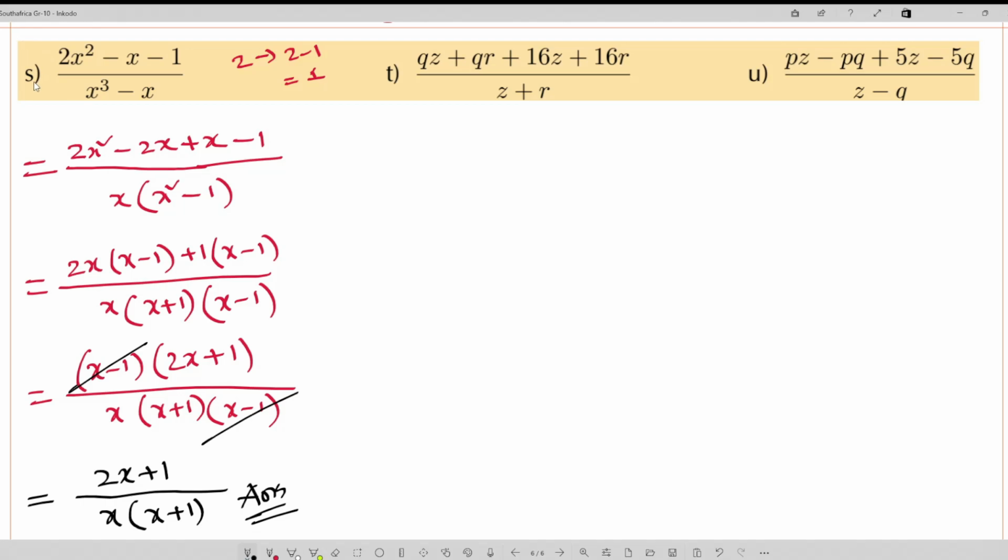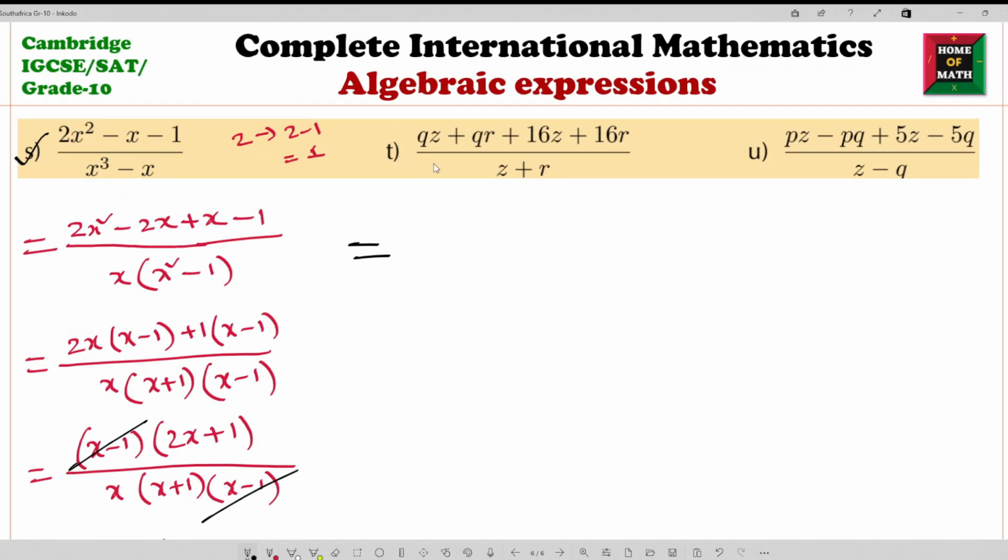Number S done. Number T. Here is qz plus qr plus 16z plus 16r. Very interesting thing. qz, qr, 16z, 16r.